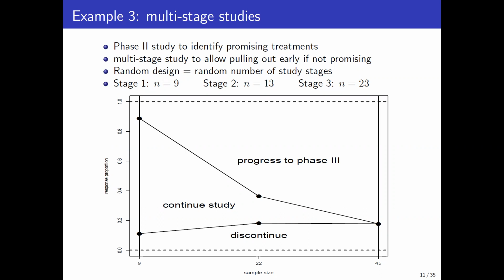This is just a single arm multi-stage study, essentially a generalization of a Simon type design, where we're studying the proportion of patients that respond in this single arm in 3 stages, different sample sizes in each stage.